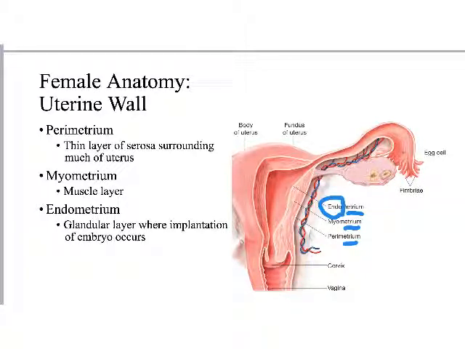It's the muscle, and it's what gives uterine tissue its thickness. You see here that most of this tissue is myometrium. Myo just means muscle. And then there's a serosal layer, which we call the perimetrium. Peri means surrounding, so the perimetrium is the layer of tissue that surrounds the uterus.